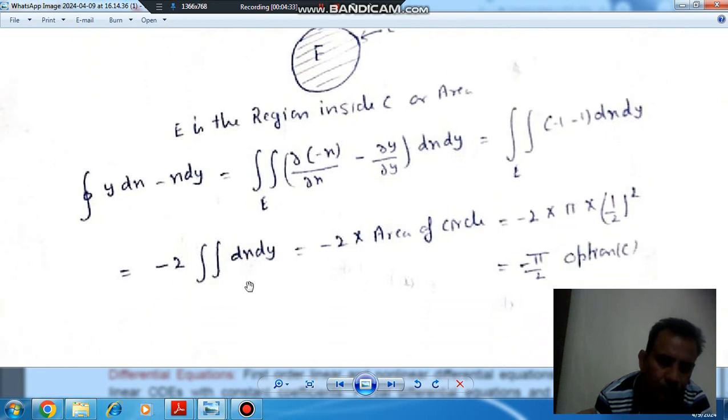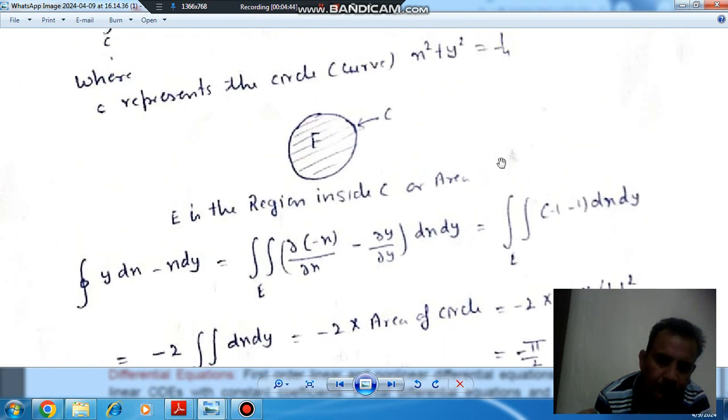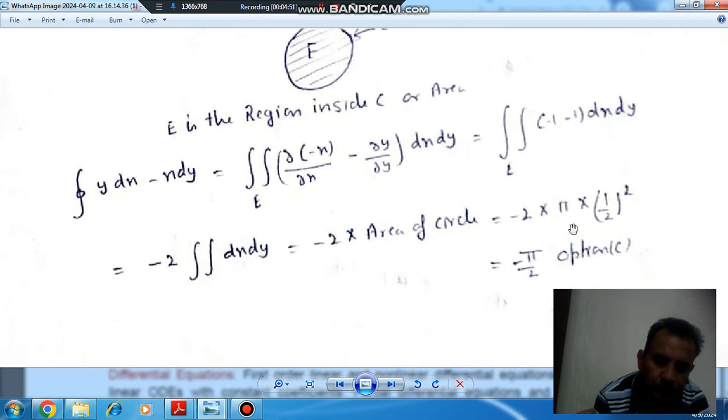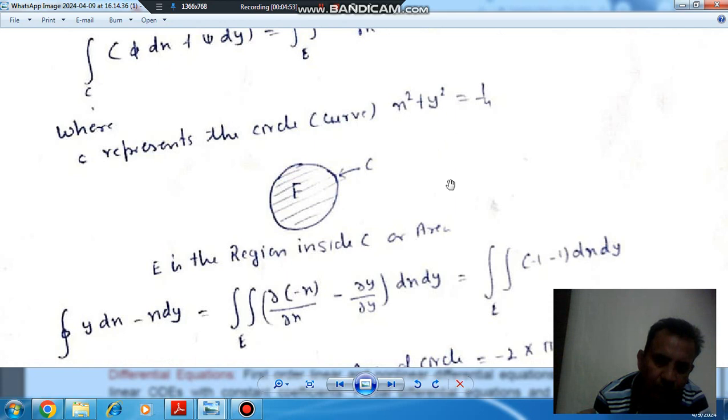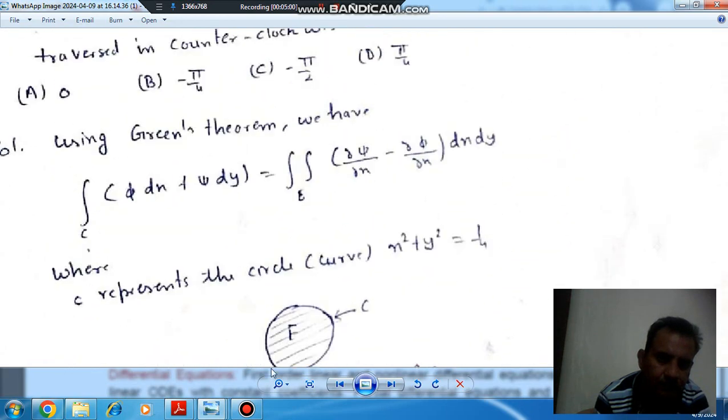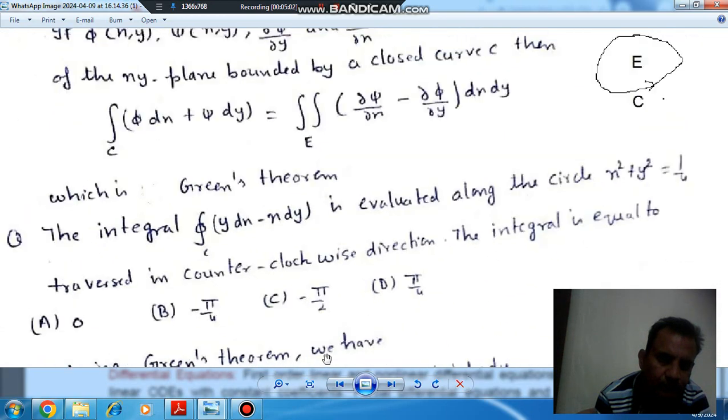So it will be minus 2 into pi r square, where r is 1 by 2, since r square is 1 by 4. So it will be minus pi by 2. Option C is right. So this is Green's theorem. You can note it.